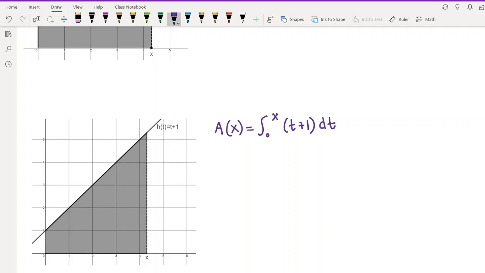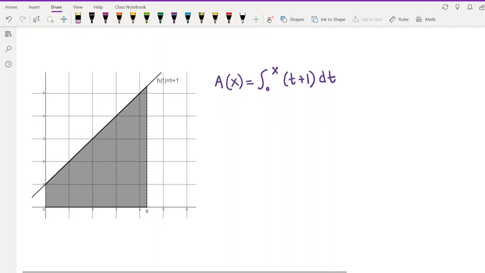So just to remind you what's going on with this t and this x, they're each serving different purposes. The x here represents the top bound of our integral. Because it's an area function, the thing that we're varying in this function is x. So like we said on the last one, you're imagining that you can slide this top bound back and forth. So why are we using t for the part inside the integral?